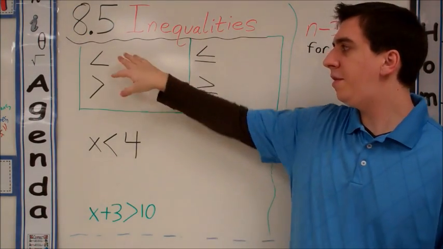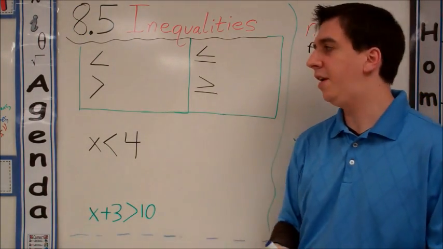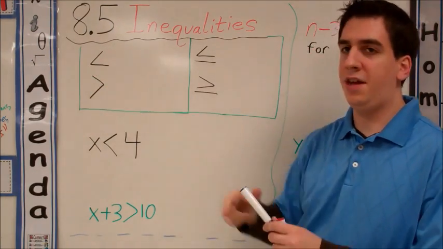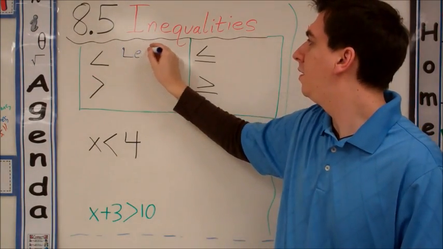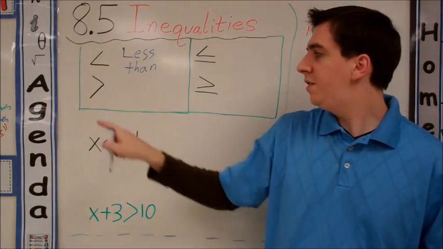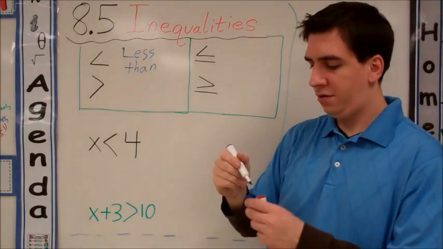We know these two inequalities from before, so let's just review that. Reading from left to right, we would read this symbol as less than. This symbol right here is greater than.